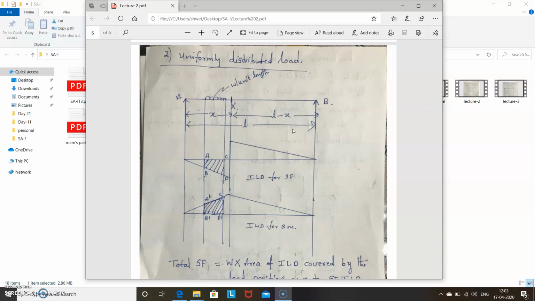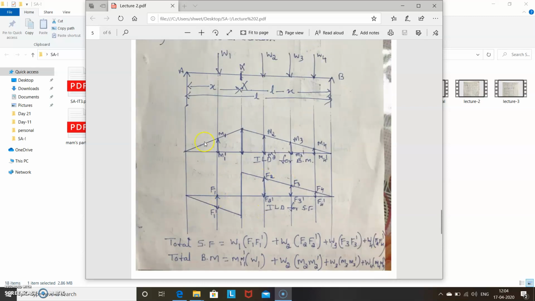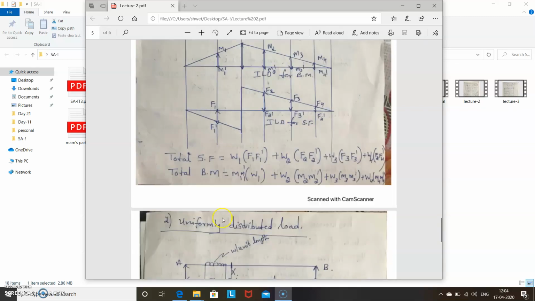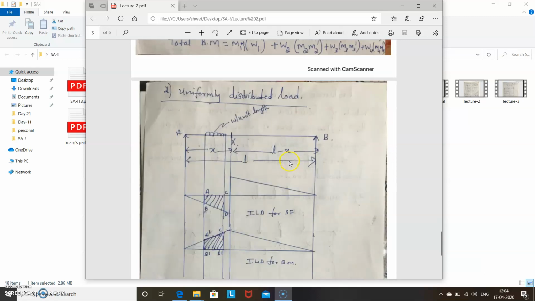Now I think you got that. In the case of a simply supported beam with point loads, whether it is a single load, two wheel loads or a series of loads, you just multiply that load into ordinates. Same thing for bending moment, load into ordinates. But in the case of uniformly distributed load, you have to multiply load into area.